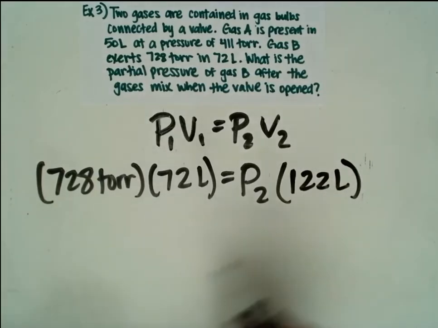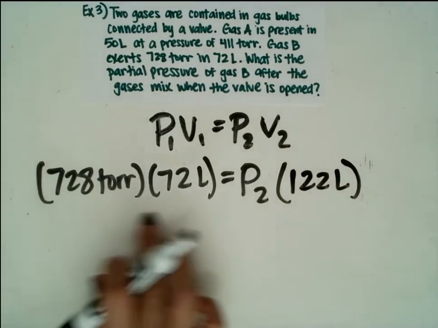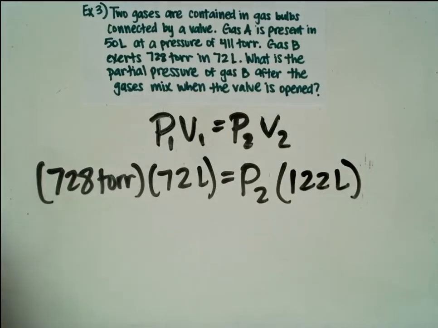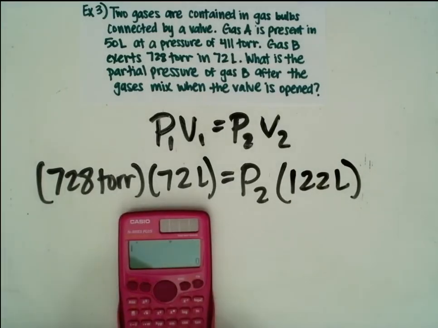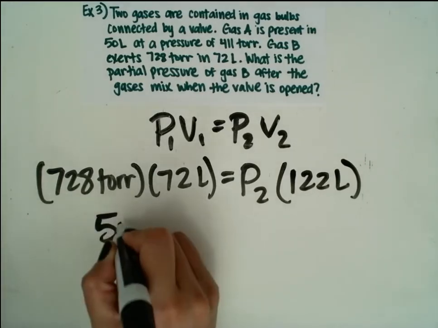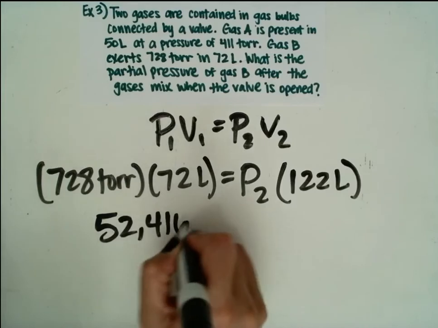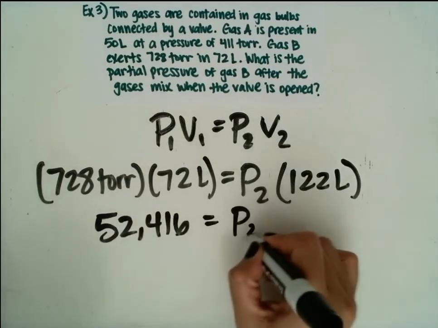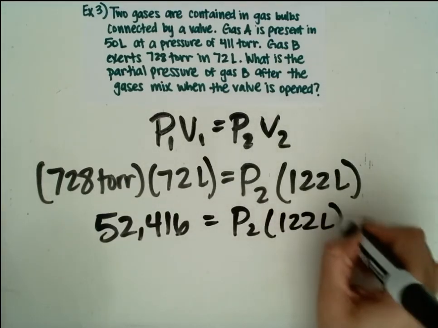Now you just solve for P2. Let's multiply these two numbers and then divide by 122 to the other side. So 728 times 72, 52,416 is equal to P2 times 122 liters.